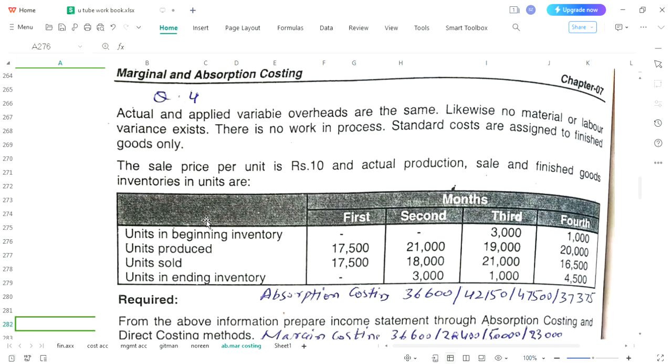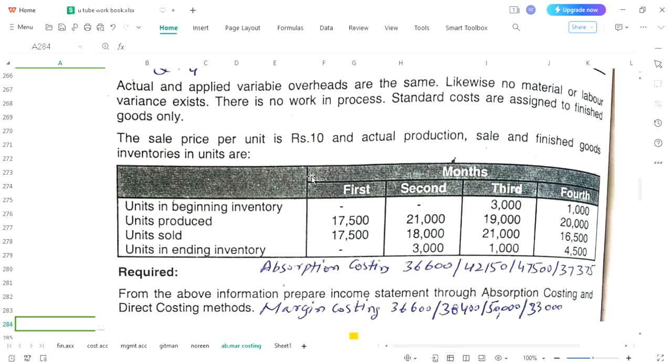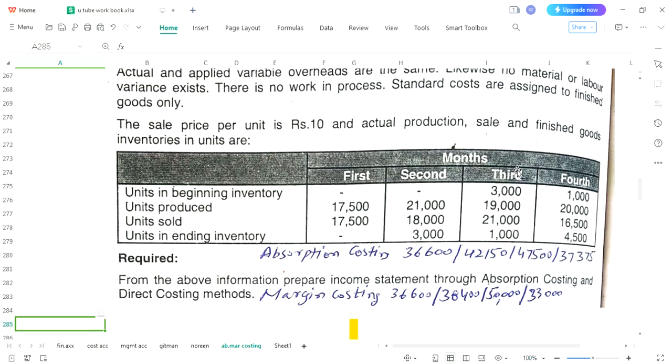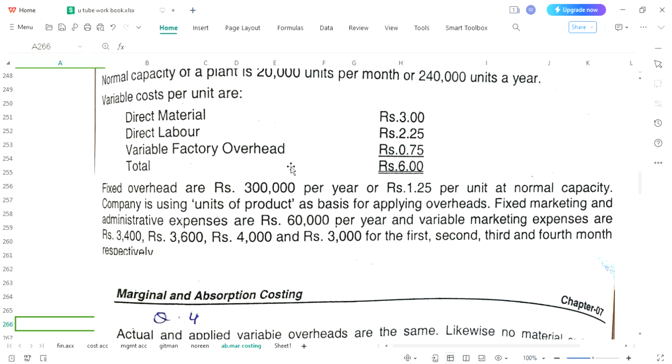Sale price is given as 10, important. Now this phenomenon will get your attention. All data related to units is given per month. So this is the story of this question. Look at here. Some amounts are given per annum, some amounts are given per month.